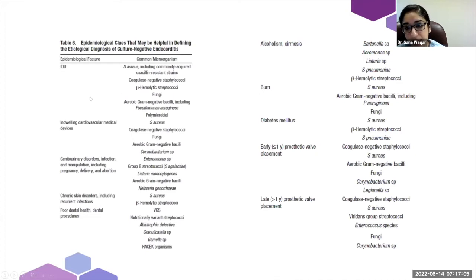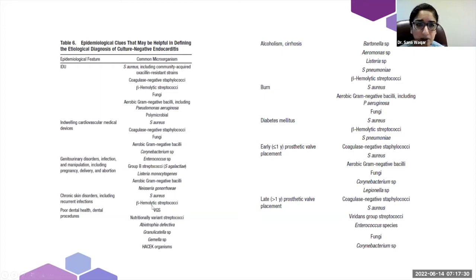With catheters, again gram-positives, but since these are medical devices and patients have a lot of exposure to the medical field, gram-negative organisms and fungi are also fair game. Patients with a history of genitourinary problems, gram-negatives are more of an issue there.